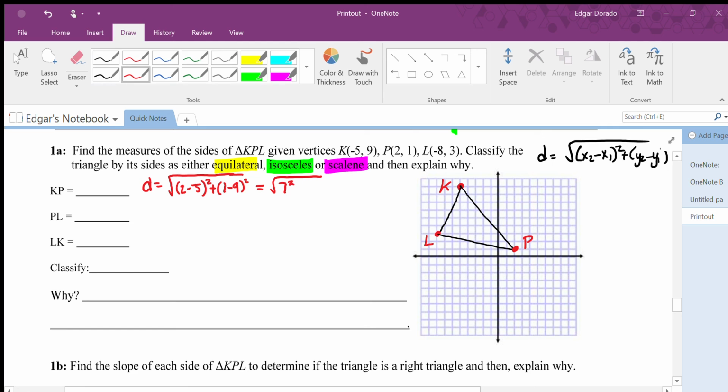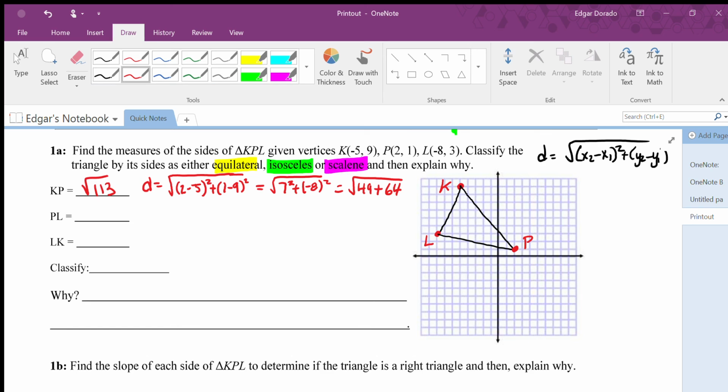So this is 7 squared plus, and then 1 minus 9 is a negative 8 squared. If I calculate all that out, 7 squared is 49 plus negative 8 squared is 64, which gives me a total of 113. So the square root of 113. And I'm actually going to stop there. I'm not going to type that into my calculator. All we really need to figure out is whether or not these lengths are the same. So you can leave it like that.